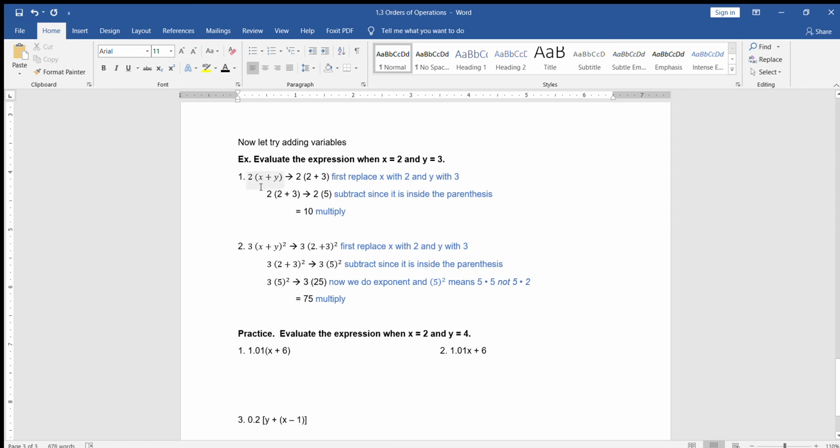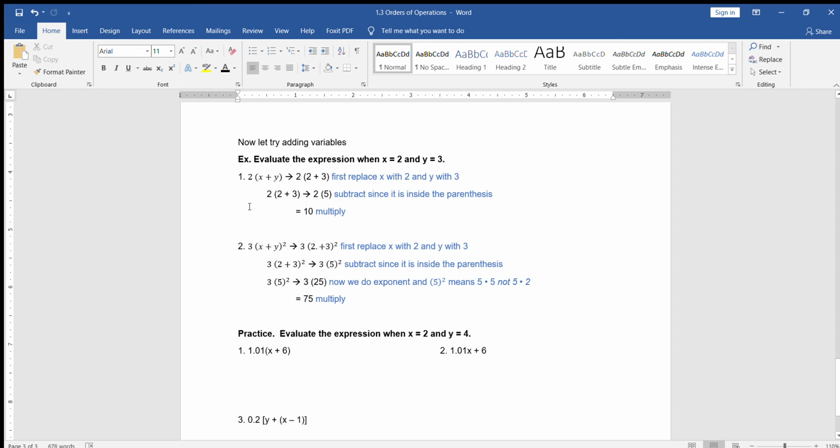So 2 times (x plus y) becomes 2 times (2 plus 3). X becomes 2 and y becomes 3. Now what do we do? We follow the order of operations. We do the operation inside the parentheses, which is 2 plus 3 becomes 5. And then 2 times 5 is 10. And that's your final answer.